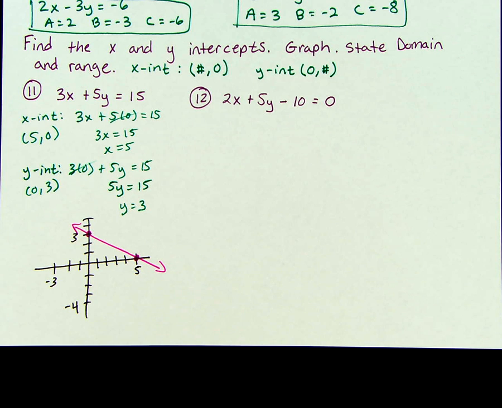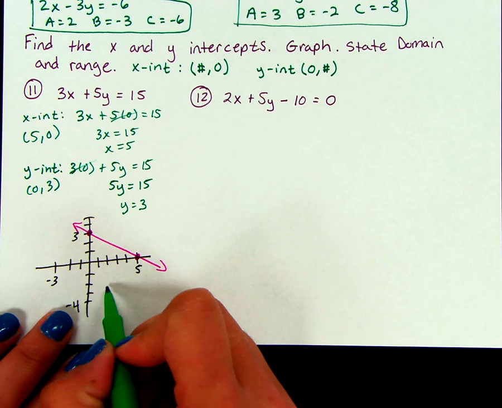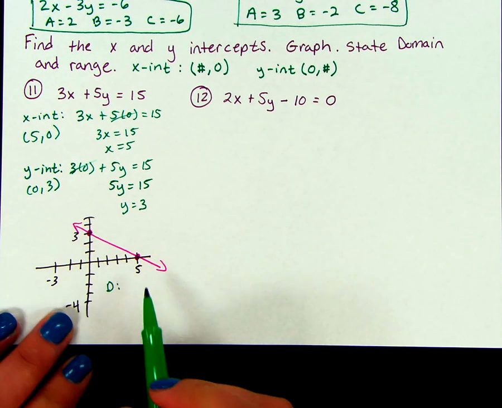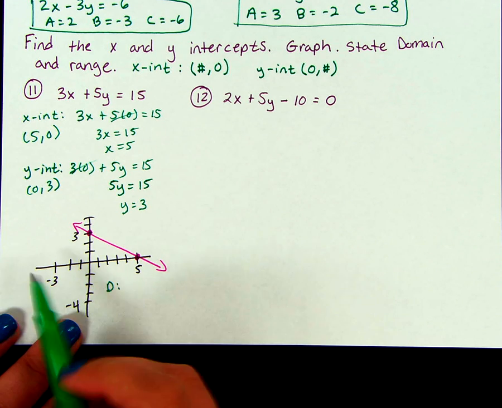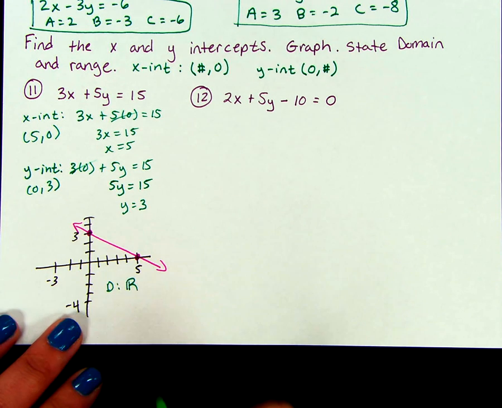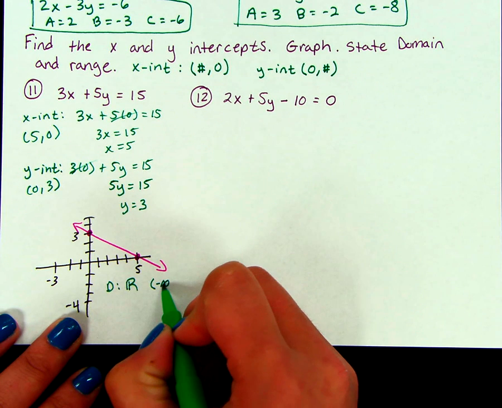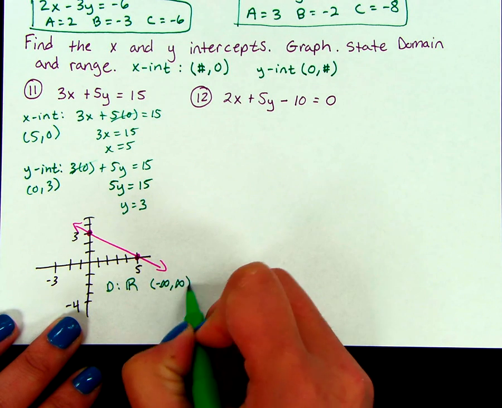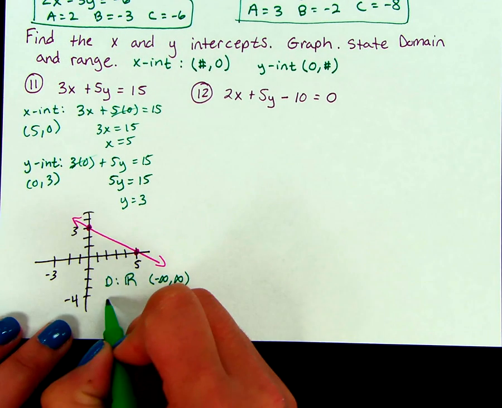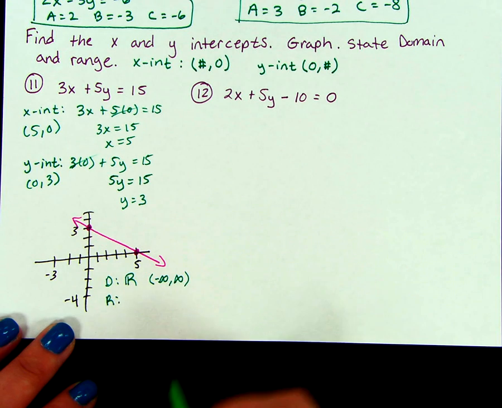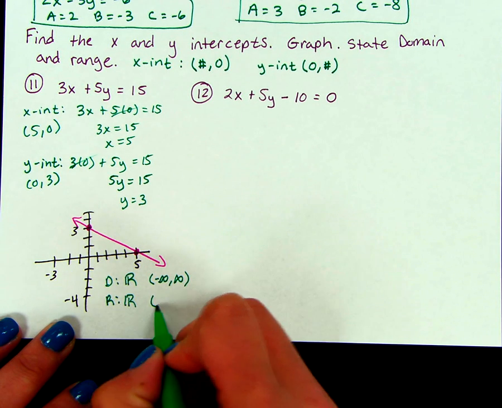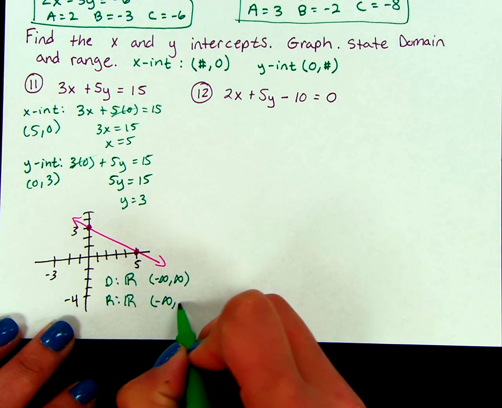So domain and range, again, we're looking at our horizontal and vertical expansion. Our domain looks like it's going to go left and right forever, so that's all reals. Interval notation would be from negative infinity to positive infinity. And range, same thing, it's going to go up and down forever. So all reals again. And if we're in interval notation, this is what it would look like.